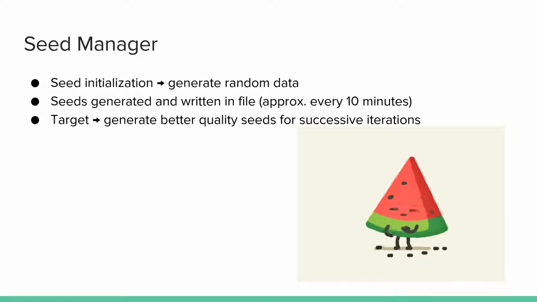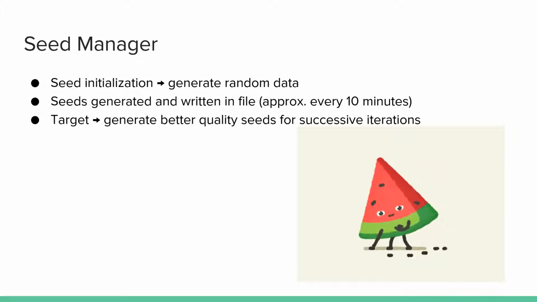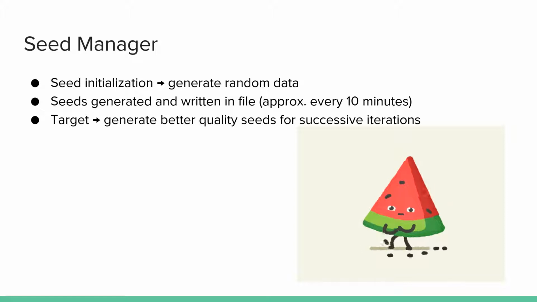This initial seed allows the generator to produce random data even before enough entropy has been gathered in the accumulator phase. The seed file is read at startup and a new seed is immediately generated and written to the file. So while Fortuna accumulates entropy, this data is used to create a better quality seed. To summarize, the first step of the seed file manager is to initialize the seed and then generate random data, then generate and write them approximately every 10 minutes or so.